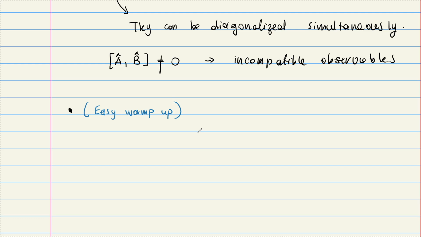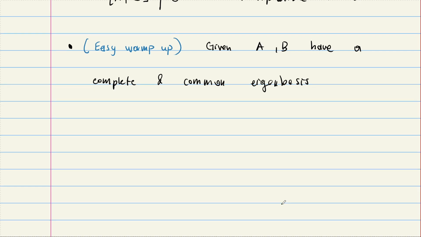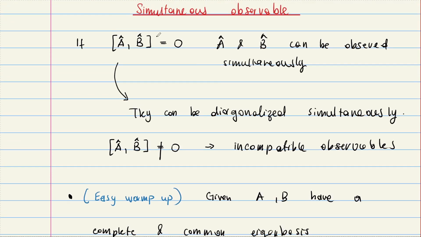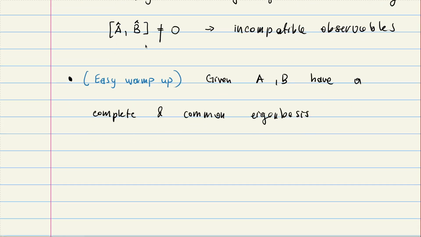Suppose A and B have a complete and common eigenbasis. Then the question is, do they commute or not? So let's prove that. This one is easy.